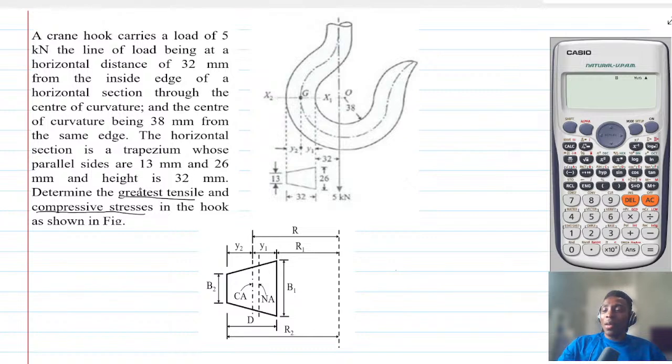So the first step here is to look at the cross section. So let's look at the cross section together.